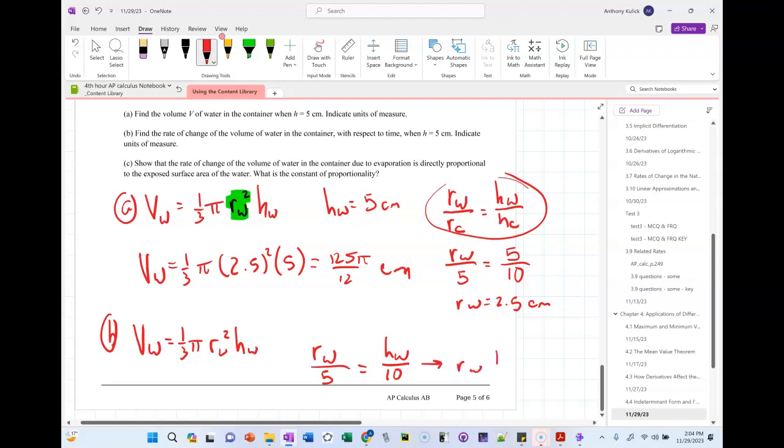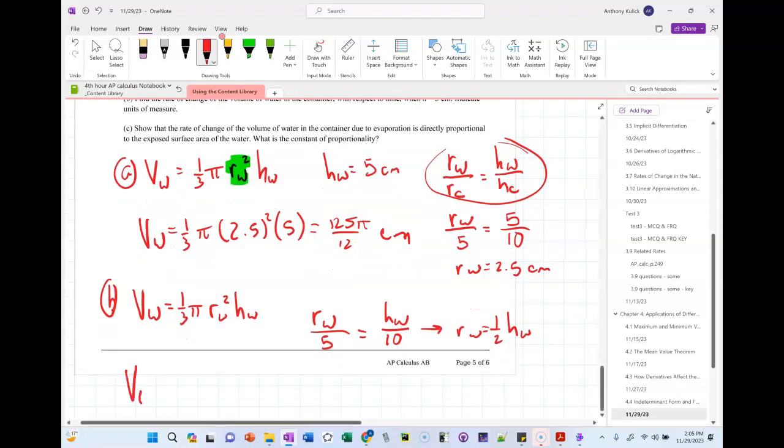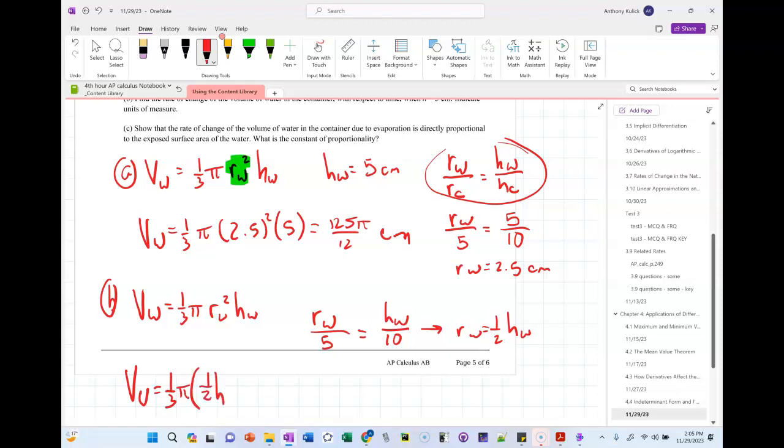So the radius of the water is 1/2 the height of the water. I just multiplied both sides by 5 and reduced. I need to do that because I need to eliminate the r_w in my problem.